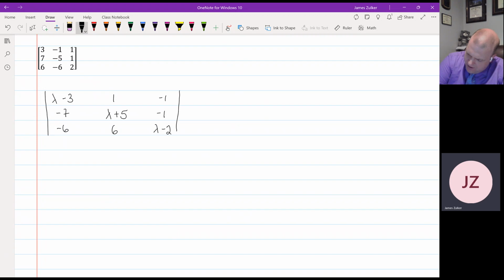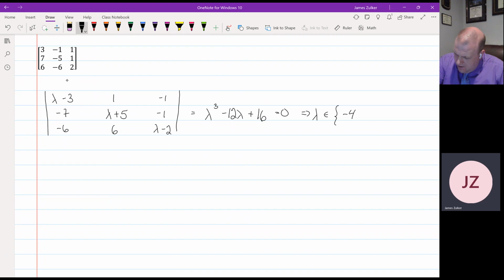Okay, so we want this determinant. We get lambda cubed minus 12 lambda plus 16, set that equal to 0. So we get for our eigenvalues negative 4 and 2.